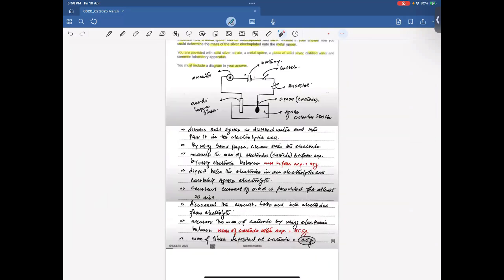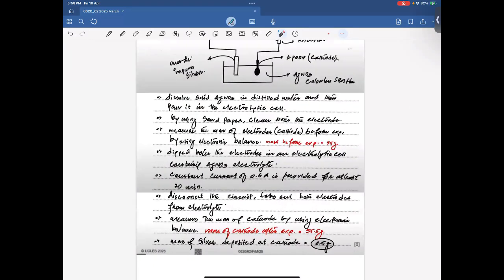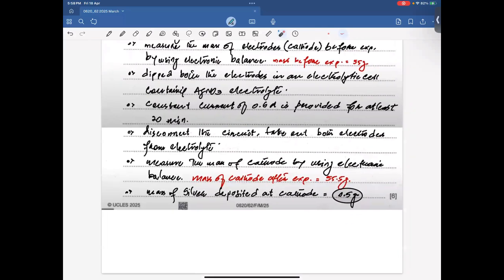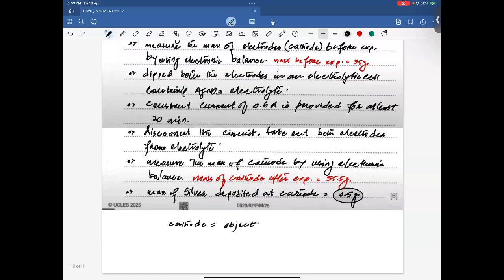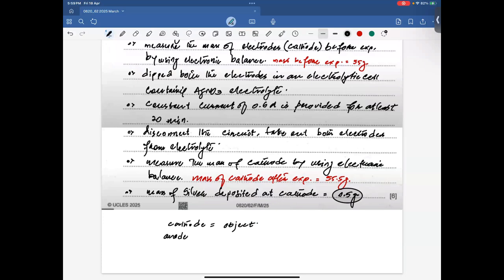One more thing, in electroplating, if you remember, cathode has to be the object like a spoon or ring or anything, right? Anode, impure metal, needs to be electroplated.